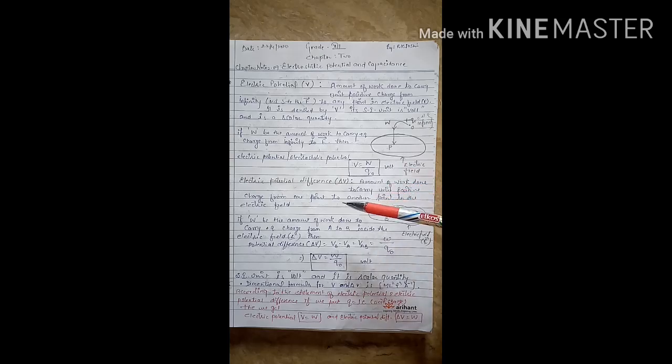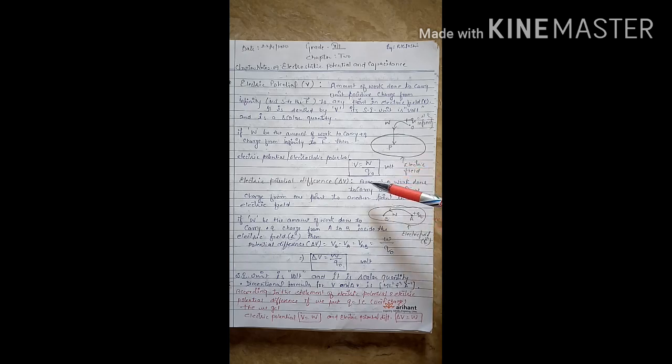After this definition, we will discuss the second definition, which is electrostatic potential difference or electric potential difference. See here, it is the amount of work done to carry unit test positive charge from one point to another point inside the electric field.